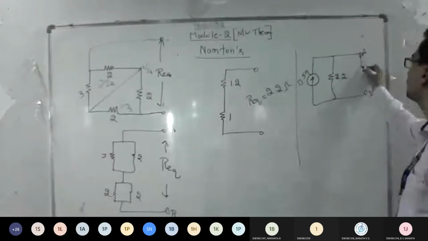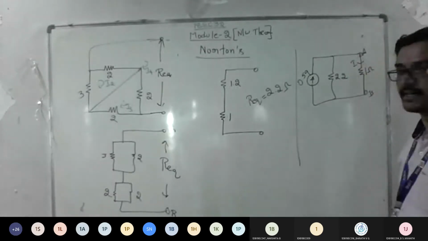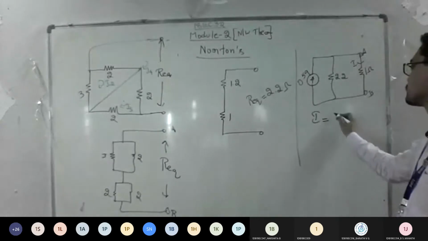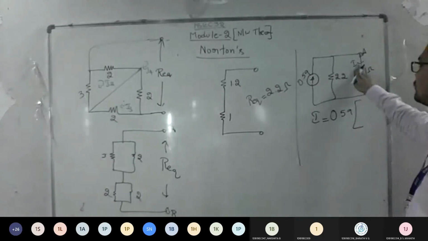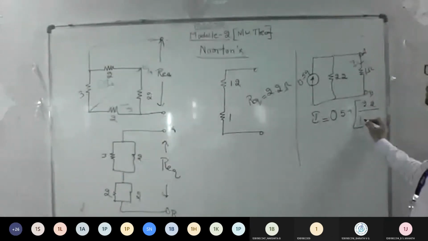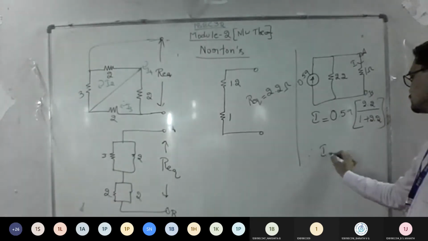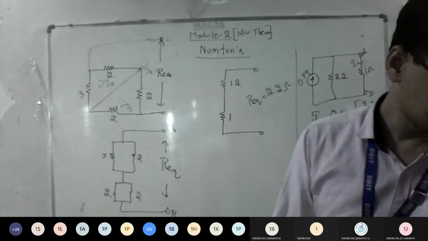So you need to place a 1 ohm here, then find the current. What's the main current here? 0.59. For this I, the opposite resistor is 2.2 divided by 1 plus 2.2. How much? So what is the current across the 1 ohm?